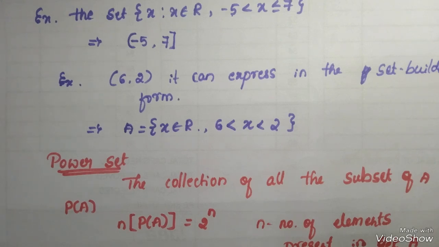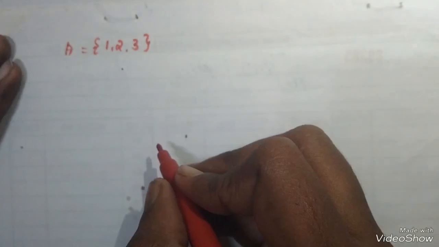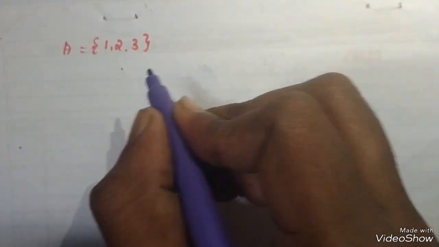For example, I will consider a set A containing the elements 1, 2, 3. Write all the subsets of A. We don't know how many subsets there are, so first we have to calculate.